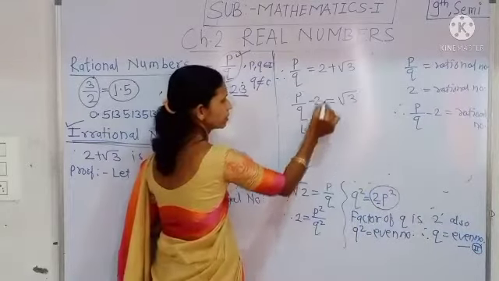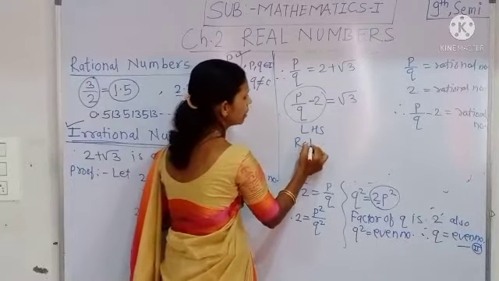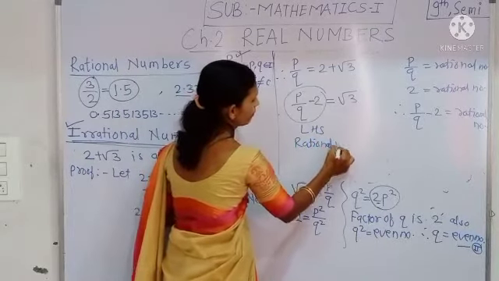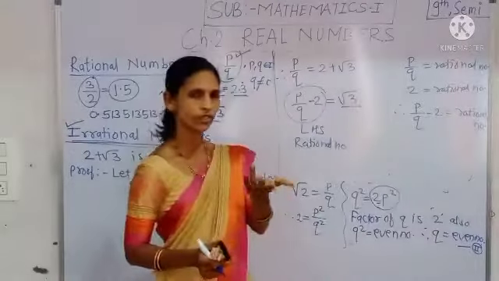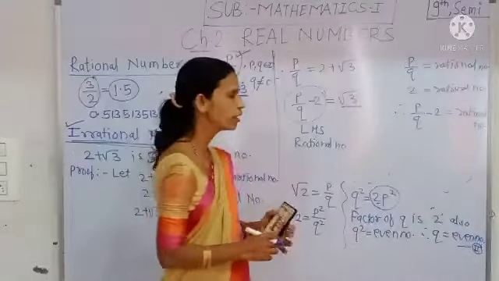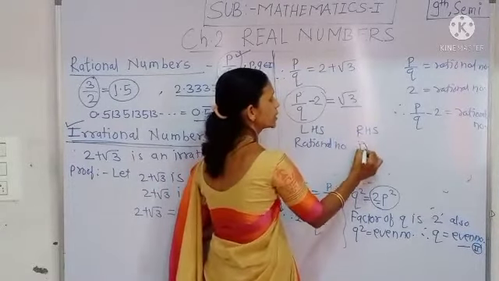Here LHS, that is P upon Q minus 2, is a rational number. And on the right hand side, all of you have studied that root 3 is an irrational number. Therefore RHS is an irrational number.